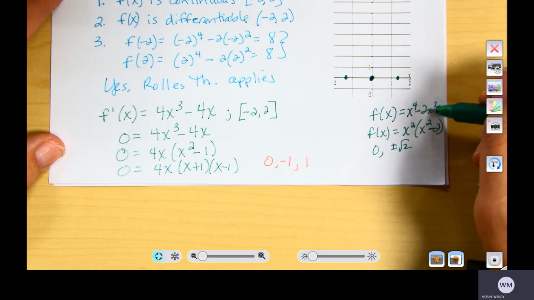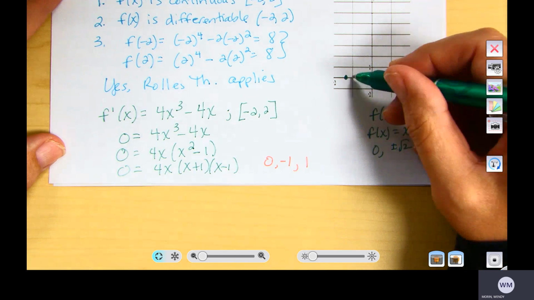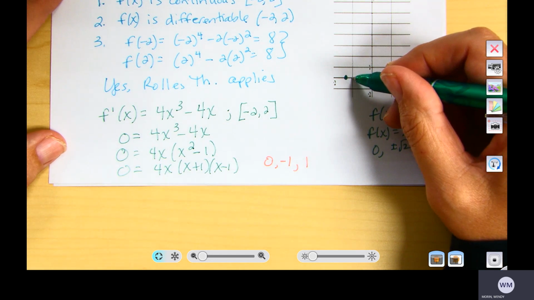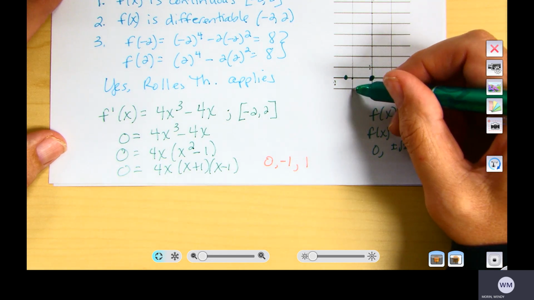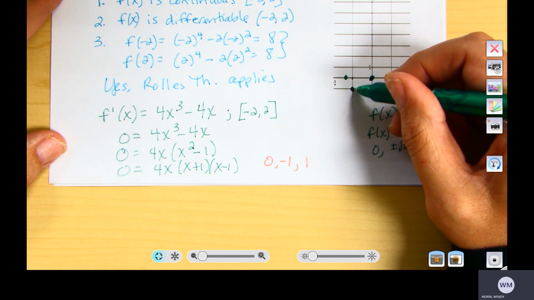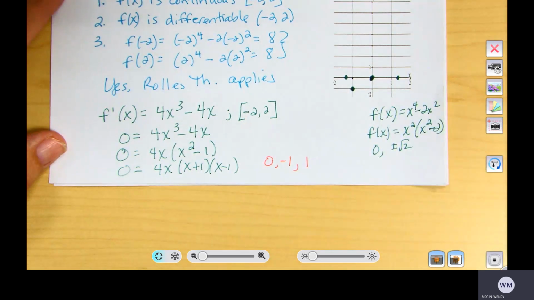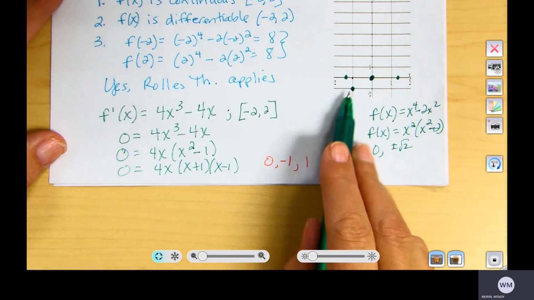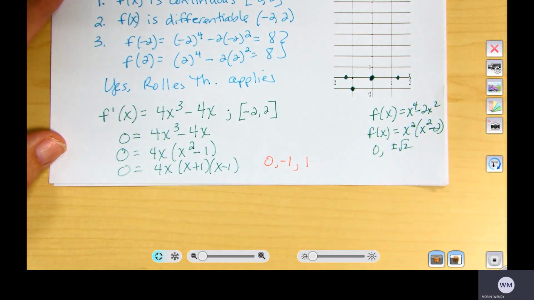Plug a -1 into here, you get a +1. So you get 1 minus 2. You get -1. So -1, -1 is one of your max or mins, because it has a slope that's equal to 0. Okay?